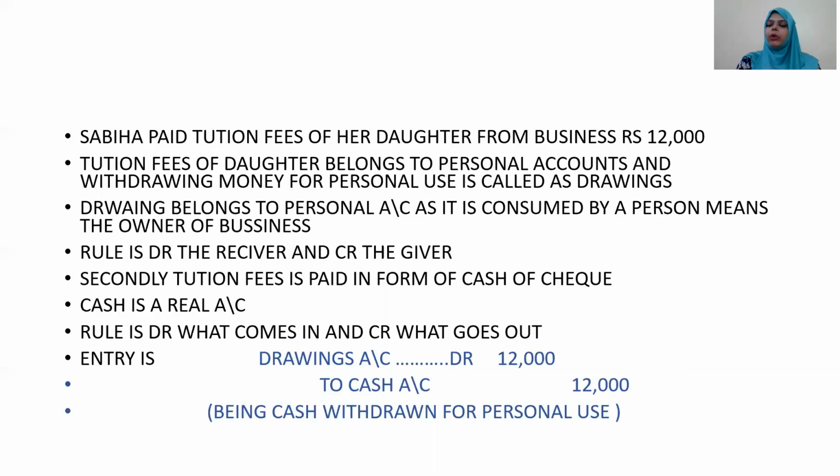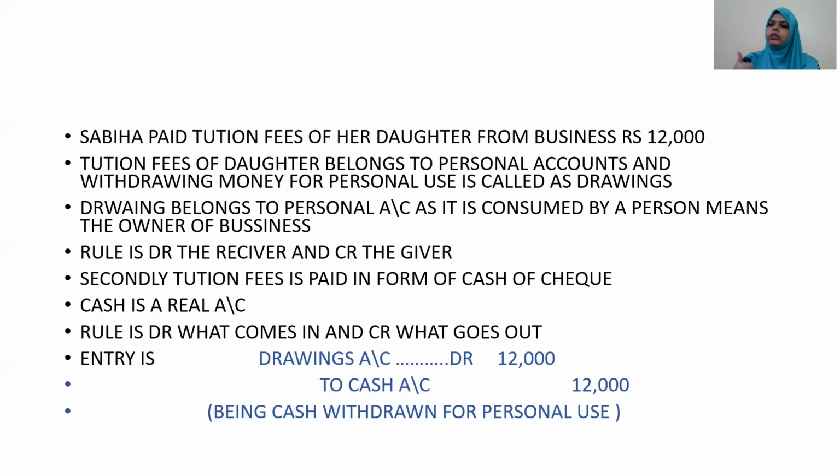Otherwise, we cannot find the actual profit or loss of the business. So tuition fees of the daughter belongs to personal account, and money withdrawn for personal use is called drawings. Obviously, it is taken for personal use.